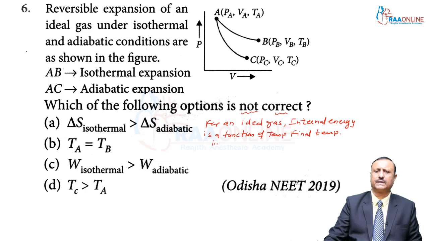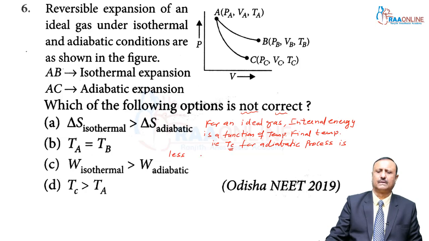So the final temperature is Tc. Final temperature Tc for the adiabatic process is less than its initial temperature. The adiabatic process final temperature is less than the initial temperature.